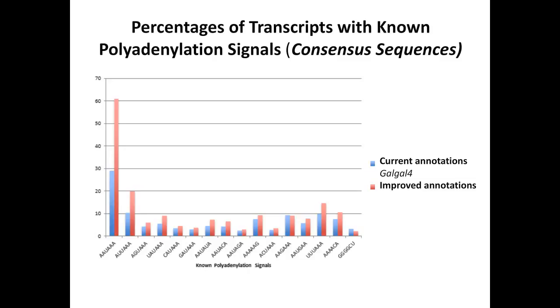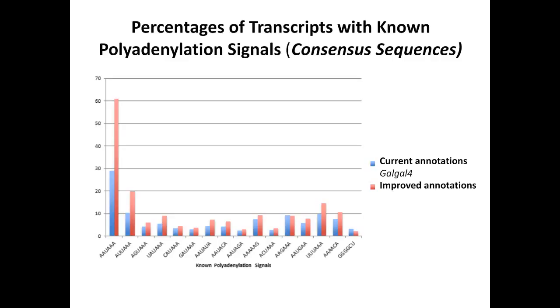The first one is the most frequent one in mammals and also in birds, as we can see here. In chickens also, this is the most abundant polyadenylation signal. Based on current annotations, the color is blue for the current gene model. The color is red for our improved annotations.